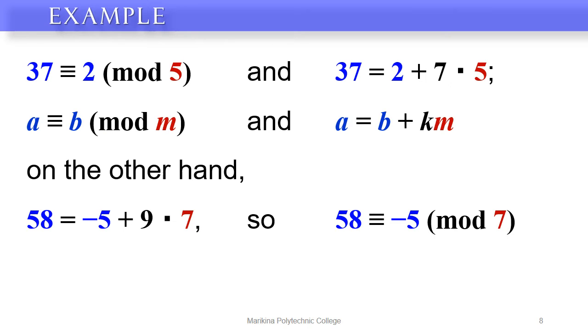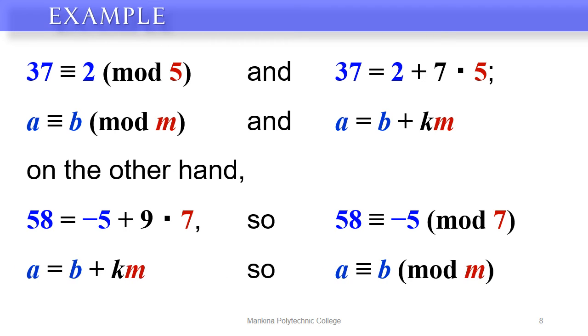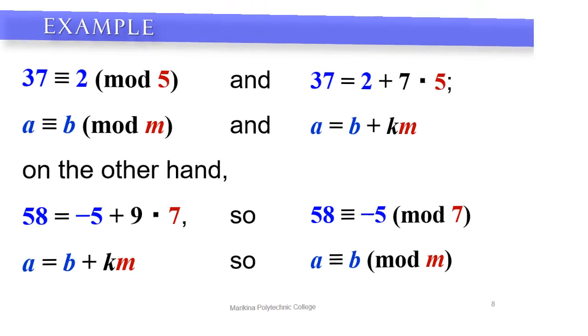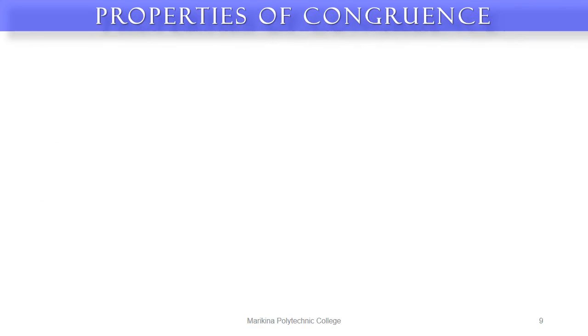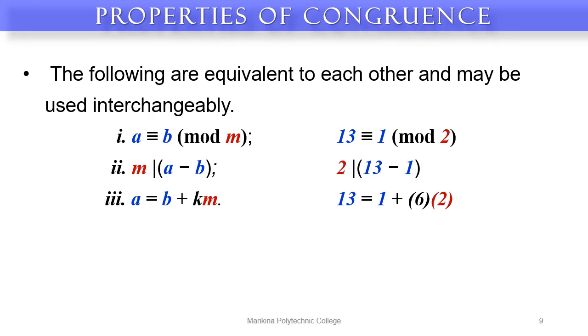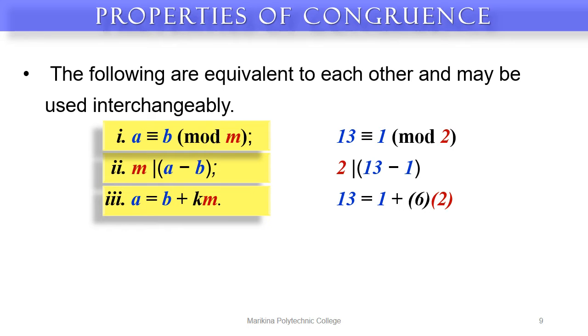So, 58 is congruent to negative 5 modulo 7. Now the following are equivalent to each other and may be used interchangeably: a is congruent to b modulo m, or m divides a minus b, or a equals b plus k times m.